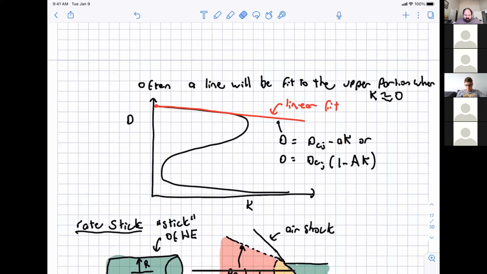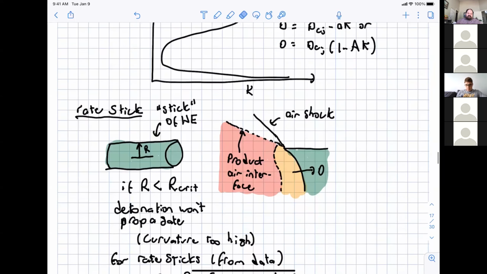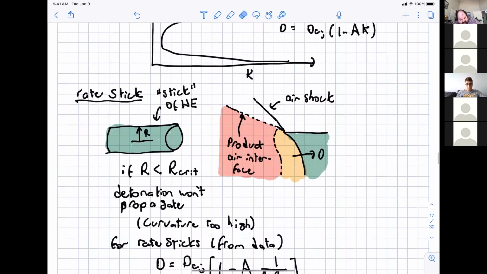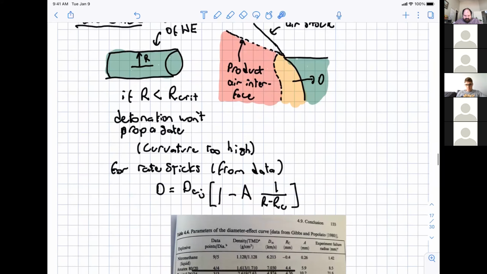Or if they're doing some sort of rate stick, and again, a rate stick is just like a stick of dynamite, and you have a detonation wave propagating through it, and it's above the critical radius that will support a detonation, that is, the curvature of the detonation as it propagates through isn't so high that the detonation fails just due to the stick of dynamite being too small, what they'll do is they'll fit it a little bit differently. And so for these rate sticks, the curve fit will look something like this.